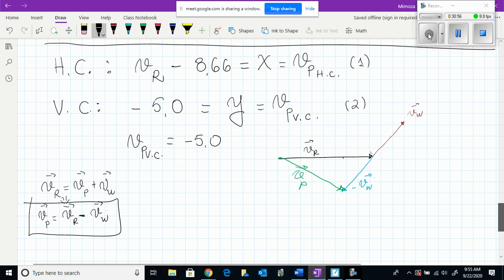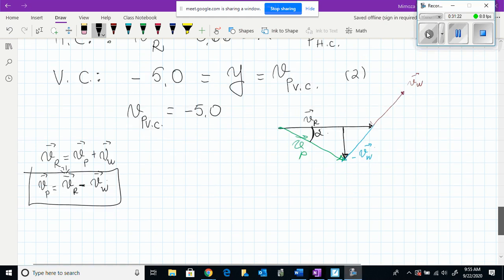So a negative component of the velocity of the plane will give us, first of all, the vertical component. If we are considering the angle alpha, I believe that the velocity of the plane was 150.